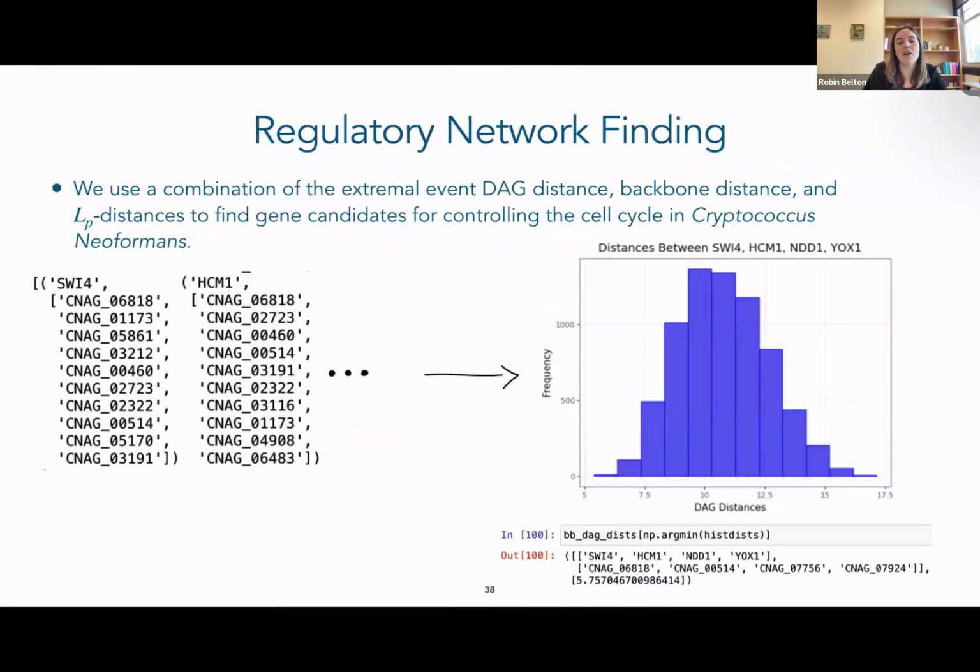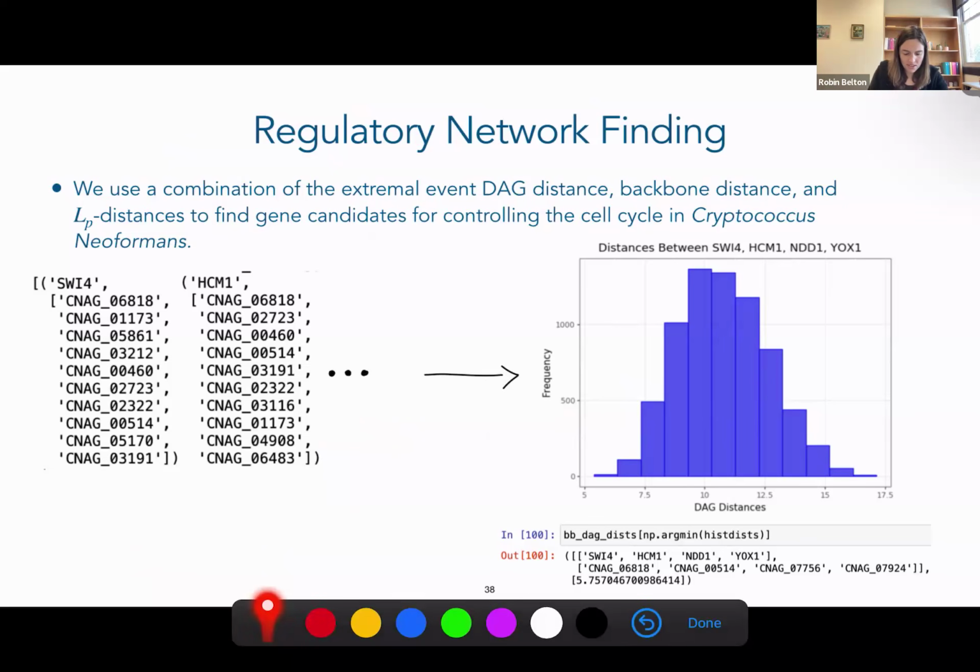Okay, so our approach to regulatory network finding is that we use a combination of these extremal event DAG distances, backbone distances, and LP distances to find good gene candidates for controlling the cell cycle in Cryptococcus.